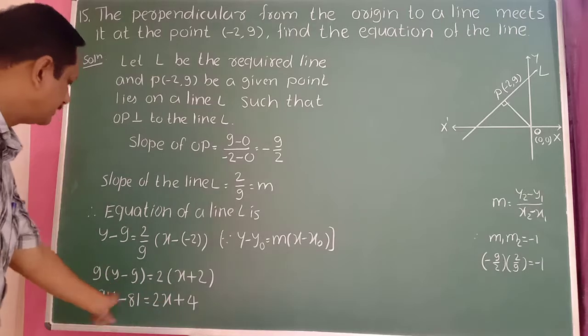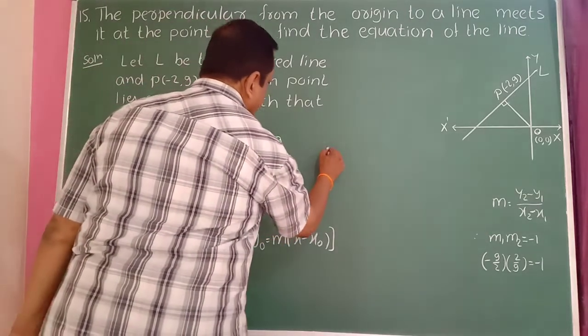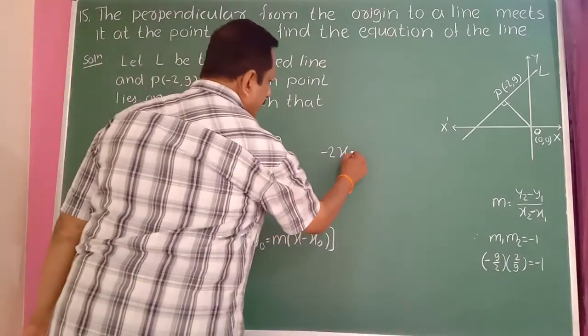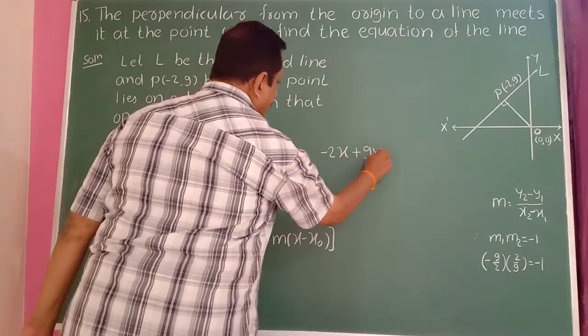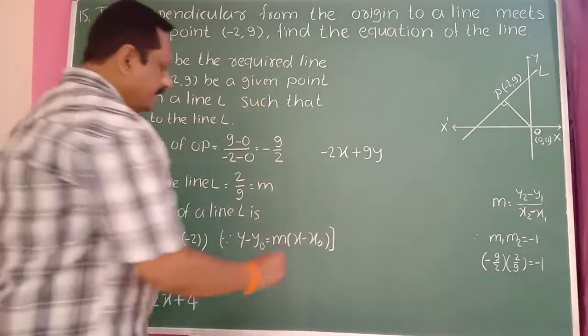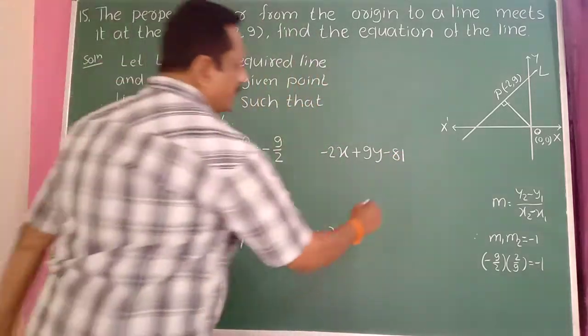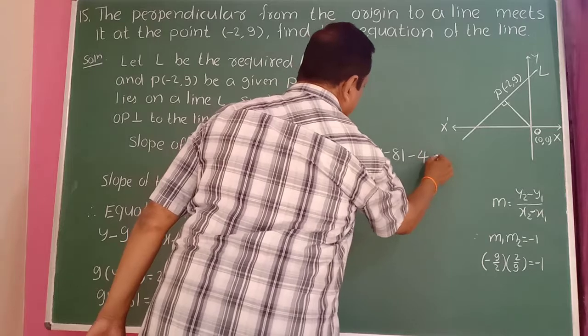Take both terms to the left side. Plus 2x becomes minus 2x, and plus 9y, minus 81. Take 4 to the left side, minus 4, equal to 0.